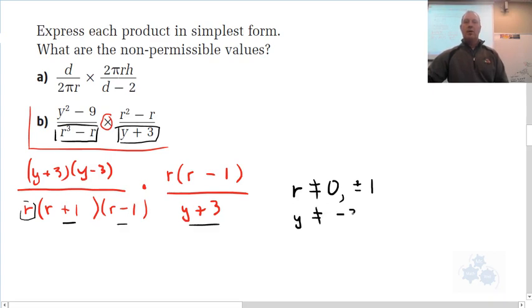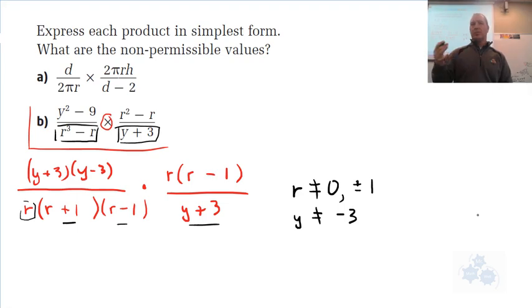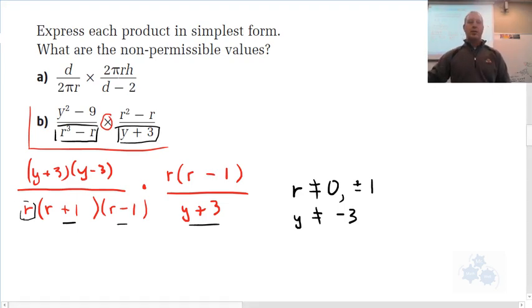So y cannot equal negative 3. So if you have two different variables, you have to consider the restrictions on each variable. Okay, so r cannot equal 0, r cannot equal positive or negative 1, y cannot equal negative 3. Everyone with me on that? Do you have any questions? I can pause and answer questions if you want. No? Good? We're okay? So that's restrictions.